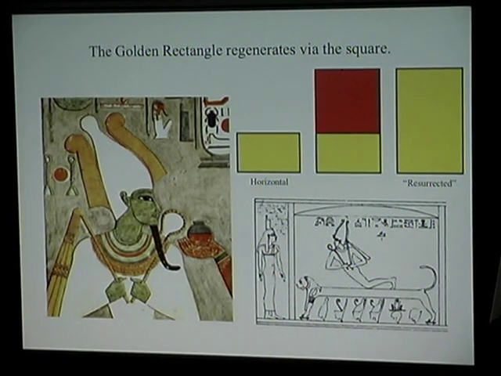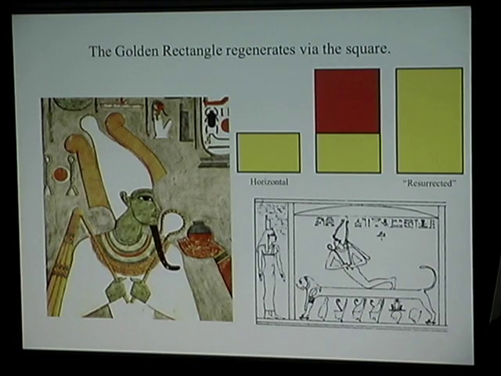And the way it works is simply, when the golden rectangle is horizontal, it might be considered as Osiris in his sarcophagus. A square gets on top of it, and lo and behold, we now have the golden rectangle, same proportions, but it's now upright. It's been resurrected.